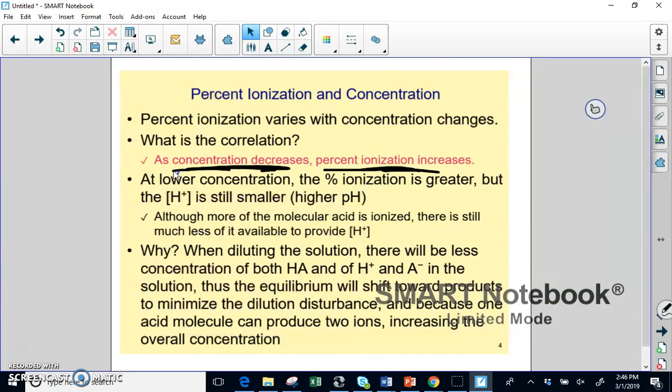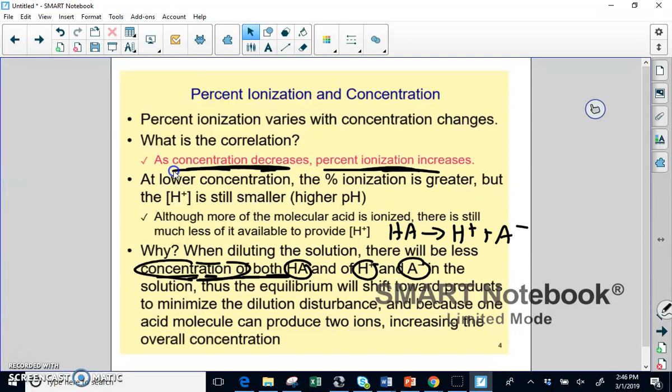When you add water to a solution, the concentration goes down of both HA and H plus and of all the things in the acid reaction. Remember, Le Chatelier says you want to shift the reaction in the direction that counteracts the stress. The stress is a decrease in concentration. We have HA, and it dissociates into H plus and A minus.